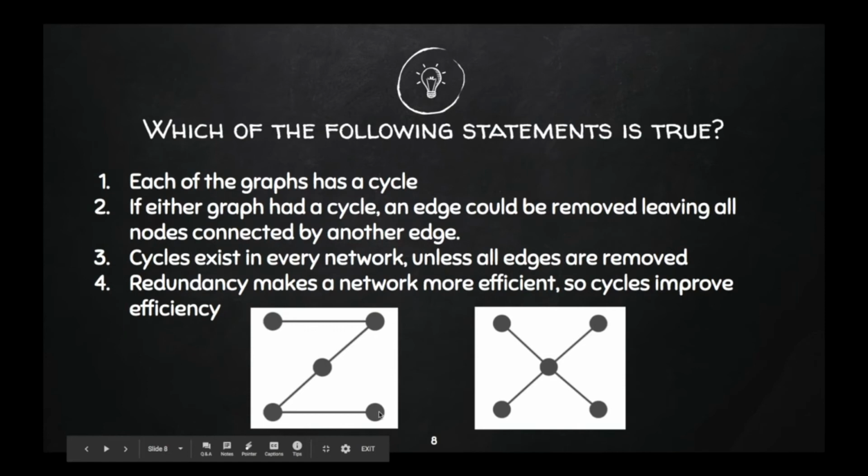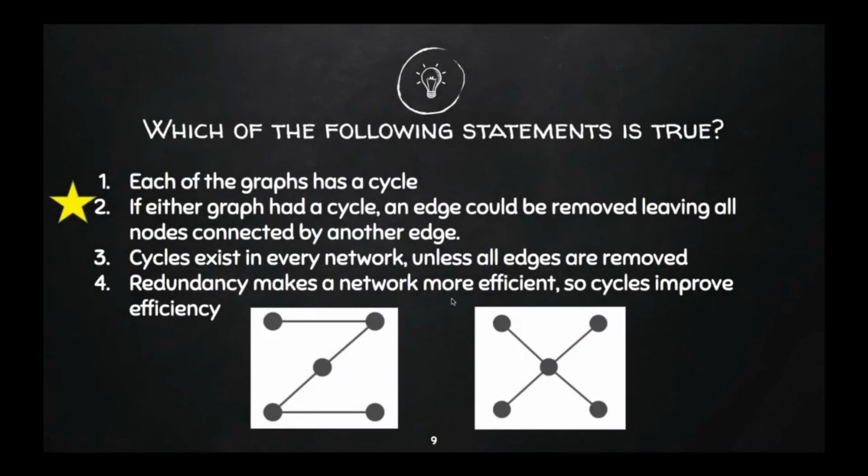So it's efficient if you have one fewer edge than you have vertices. There I go, making a mistake. Notice that the plural of vertex is vertices, not vertexes, like Coach Primo just made the mistake of saying. Anyway, so redundancy does not make a network more efficient. So cycles do not improve efficiency. They actually reduce efficiency. So that is a false statement.